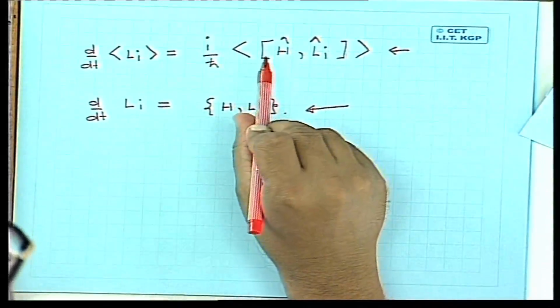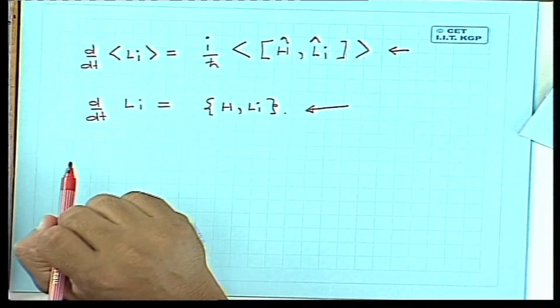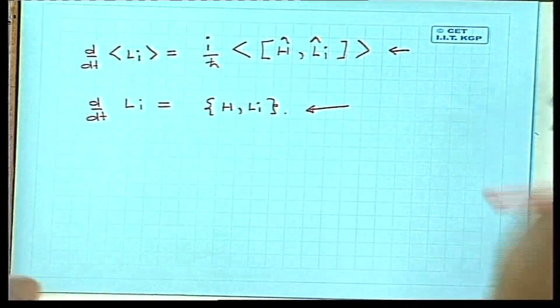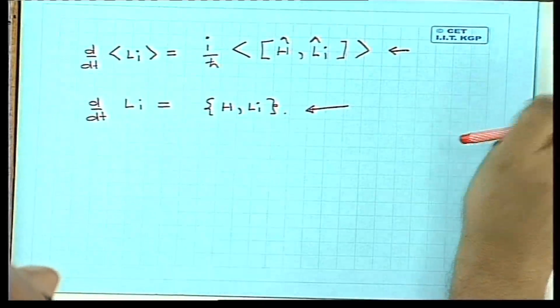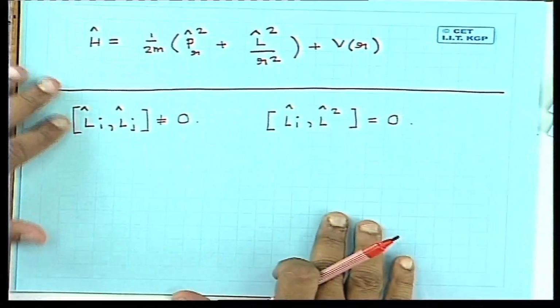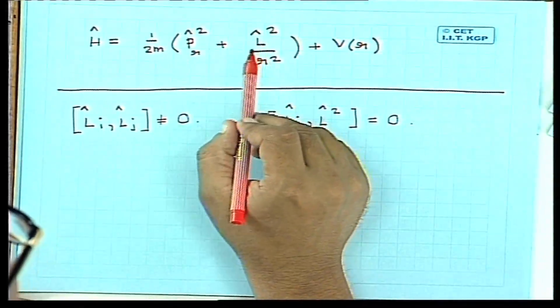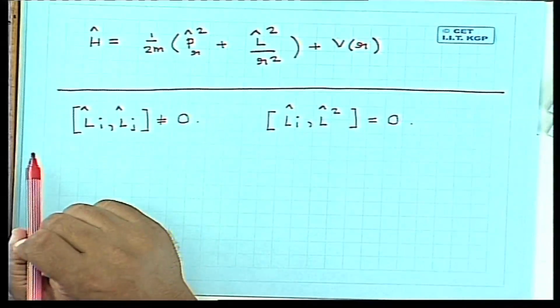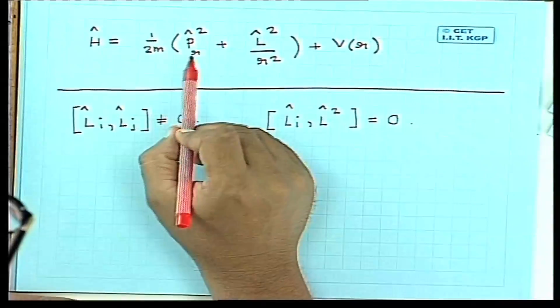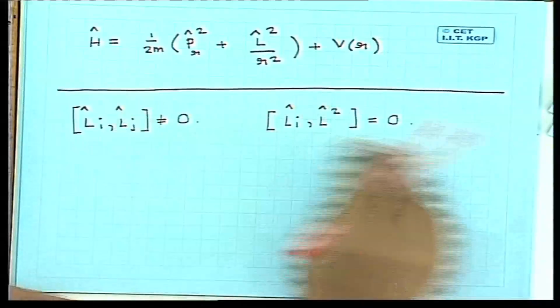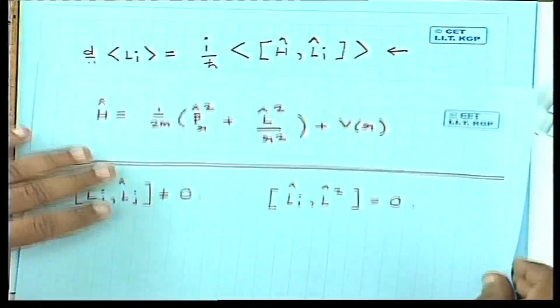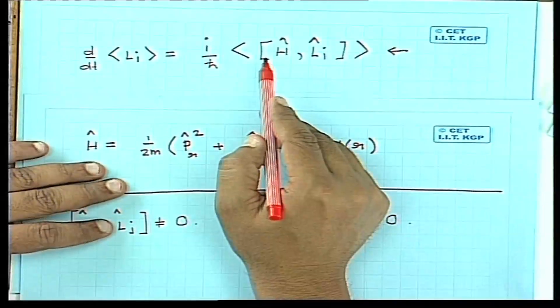Now for a spherically symmetric potential, the Hamiltonian is given by this. The angular momentum operator L commutes with the radial component of the momentum, because the angular momentum operator L involves only derivatives with respect to theta and phi.